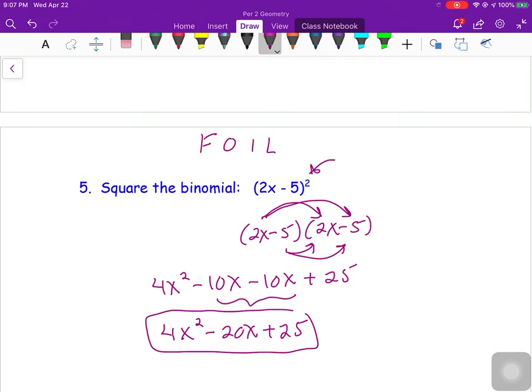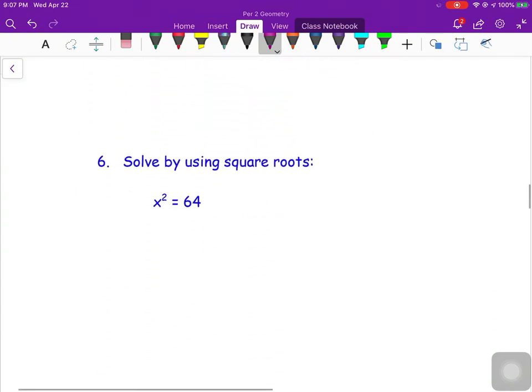Let's talk about solving quadratic equations. There actually are 3 methods for solving quadratic equations you're taught in Algebra 1. We're going to review all 3 of them. The first of them is called using square roots. To solve by using square roots, we follow the process of isolating the squared term.